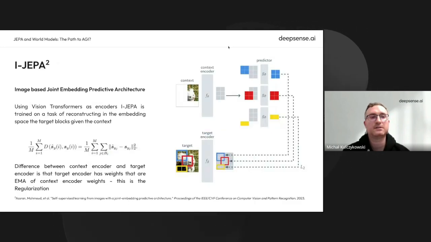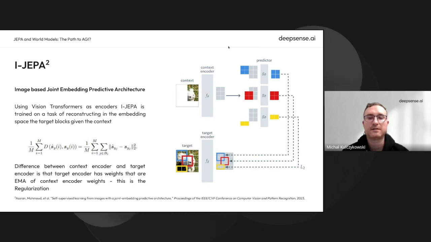So I will describe the first implementation of JEPA called I-JEPA, which is an image-based approach where both encoders are usually vision transformers, where we pass in the context masked image, and the predictor tries to predict in the representation space how the embeddings will look like and tries to match them to a target encoder.